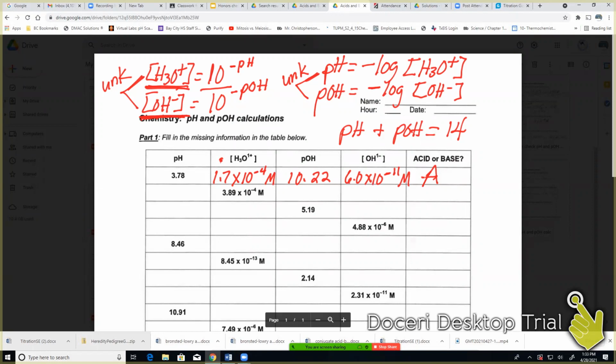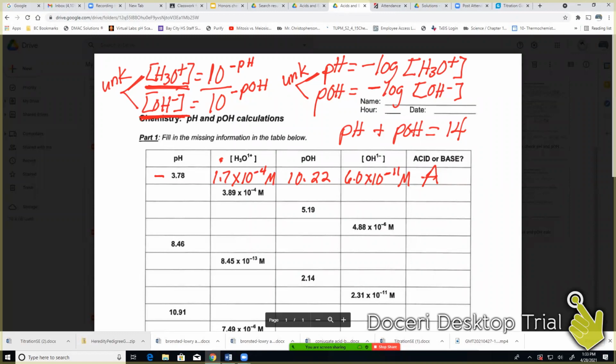And then you can kind of just take a glance and look at your numbers and see if they make sense. This is an acidic solution. So does it make sense for my hydronium to be a negative 4? I know that's a small number, but it's not nearly as small as a negative 11. So does it make sense at a pH of 3.78 for my H plus concentration to be higher?